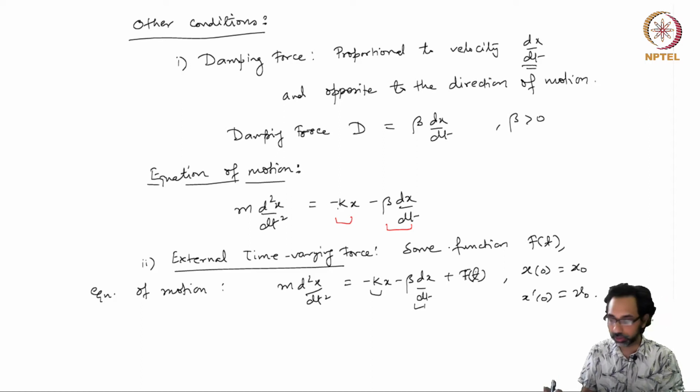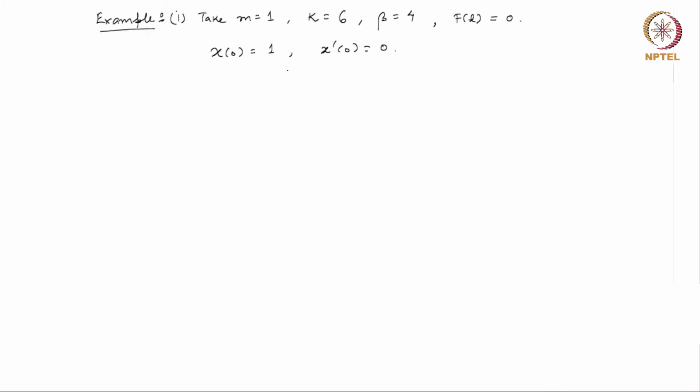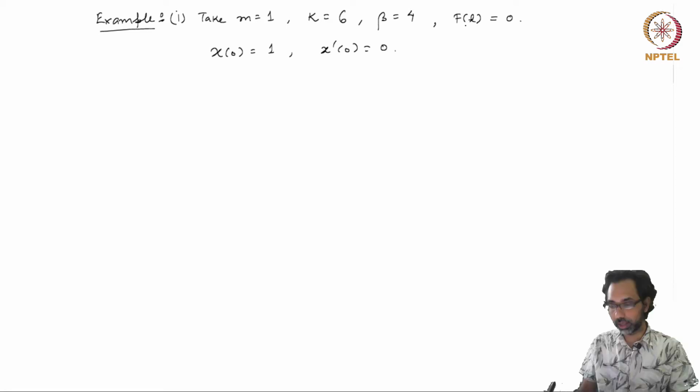So this is the case when you have both a damping force and an external time varying force. External time varying forces can also be present without damping forces, so in that case beta will be taken to be 0. So here I can just write beta greater than or equal to 0. Beta equal to 0 means there is no damping force. As an example, we can take m to be 1, k to be 6, beta to be 4 and f(t) to be 0.